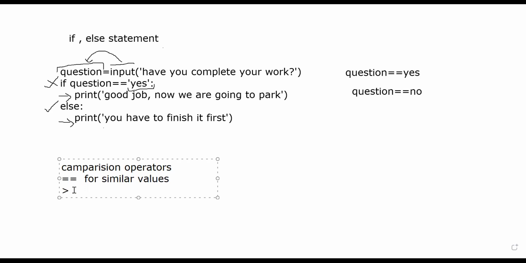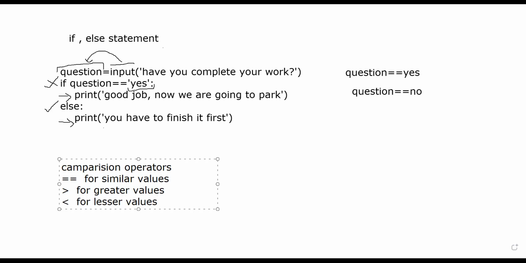This sign is used for greater value. You must have learned it in mathematics. And this is for less value. Either the value is equal, greater or less. So this is how we can compare greater and less values in Python.